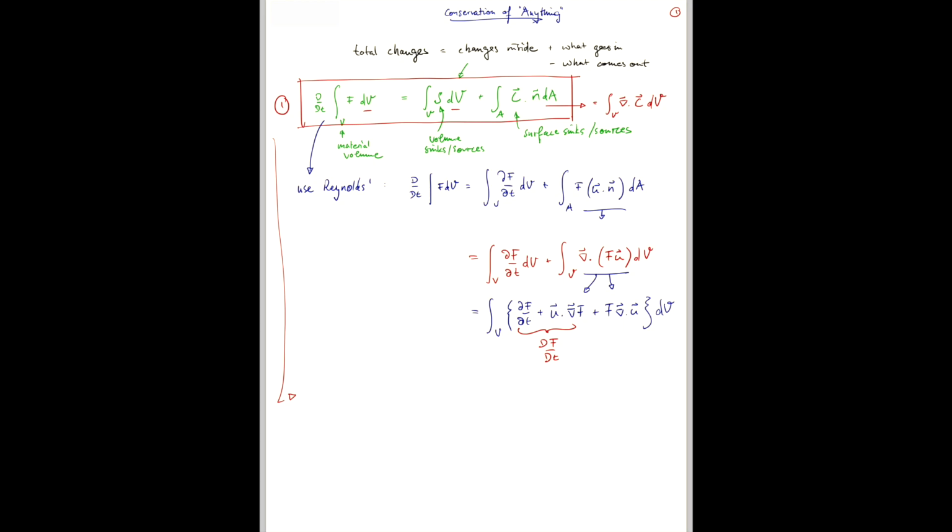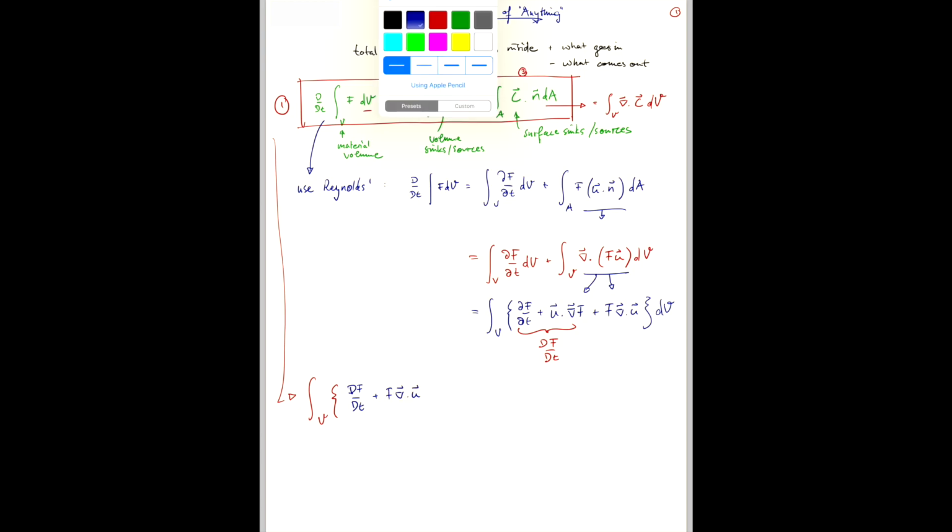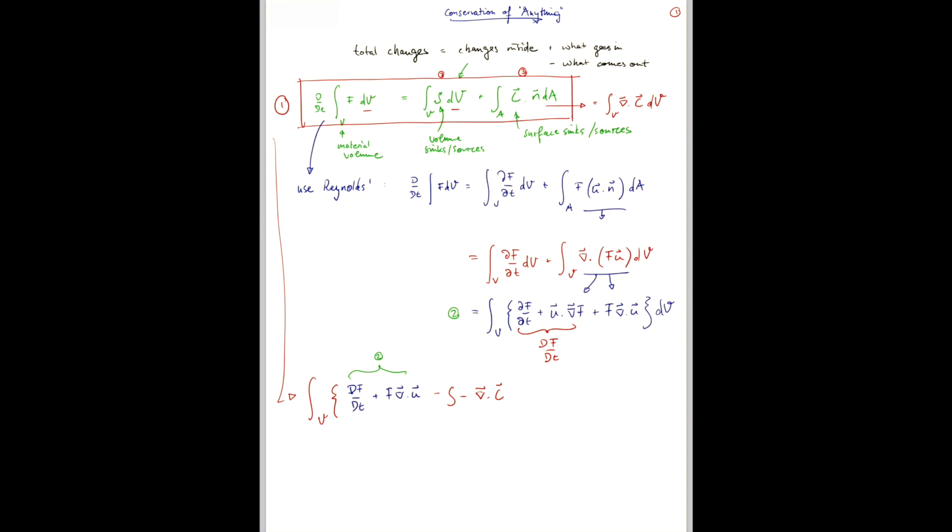The right-hand side of equation 1, so terms 2 and 3, over to the left-hand side, and then we just have one volume integral, namely Df/Dt plus f divergence of u. So that's from equation 2 here, and then minus S minus divergence of C, and that's from equation 1 up top, dV is 0.